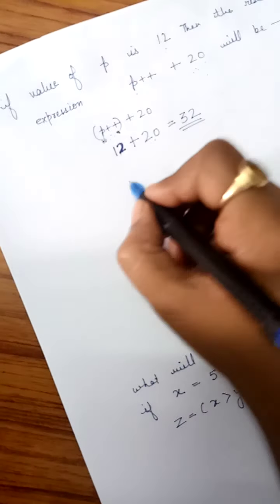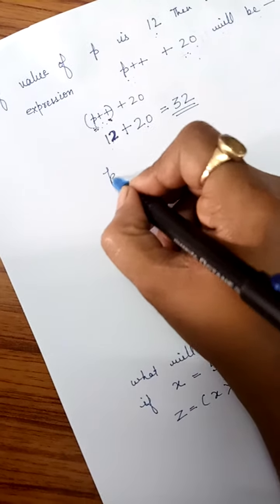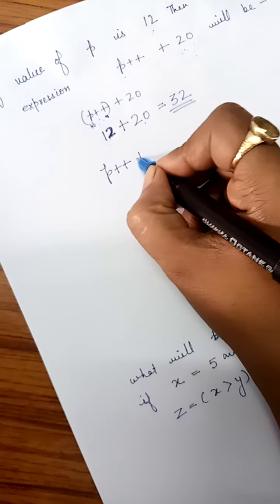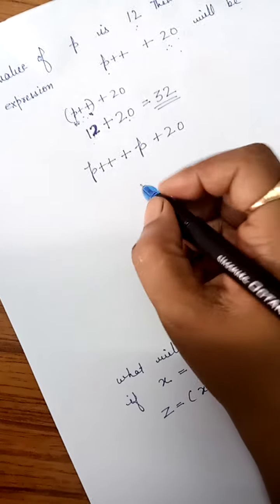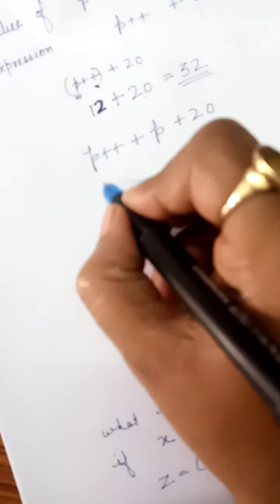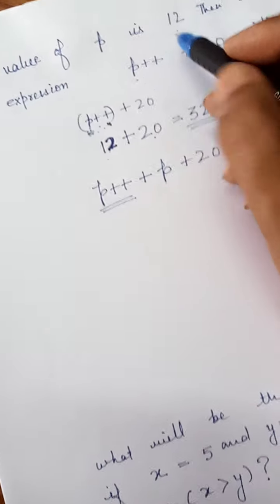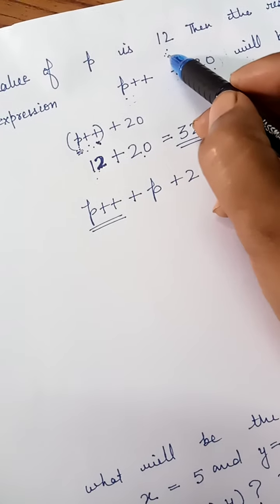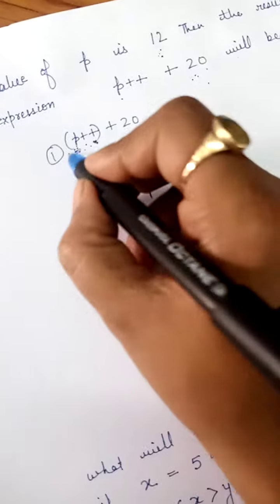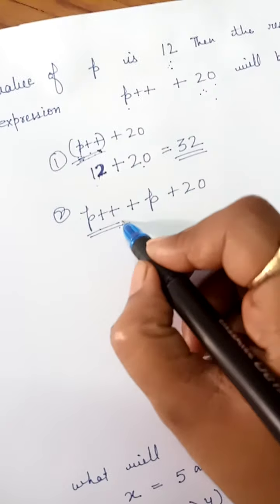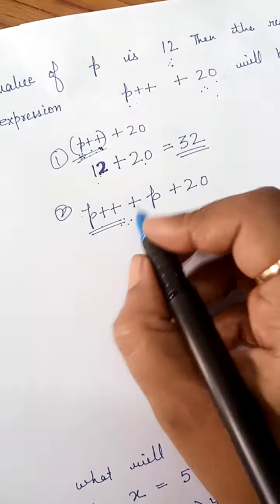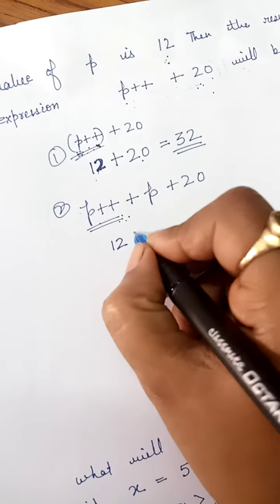Fine. Now suppose I change this expression like this: p++ + p + 20. What will be the output of this? In p++, again p is initially 12. This is one expression, this is the second. So p++, p is initially 12. Use then change.